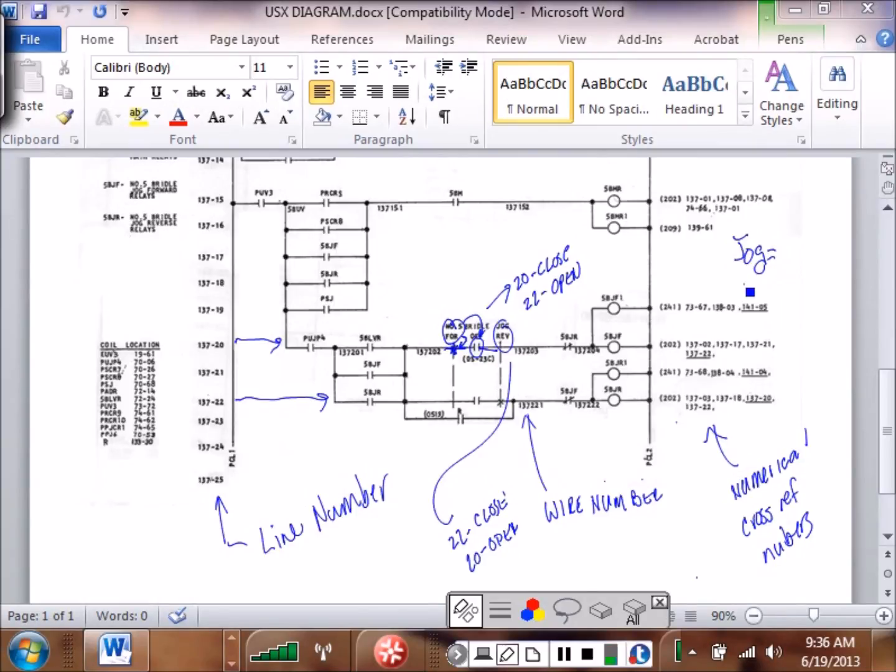And then we have plugging. What's plugging? We've talked about this. When I plug a motor, what does that mean?